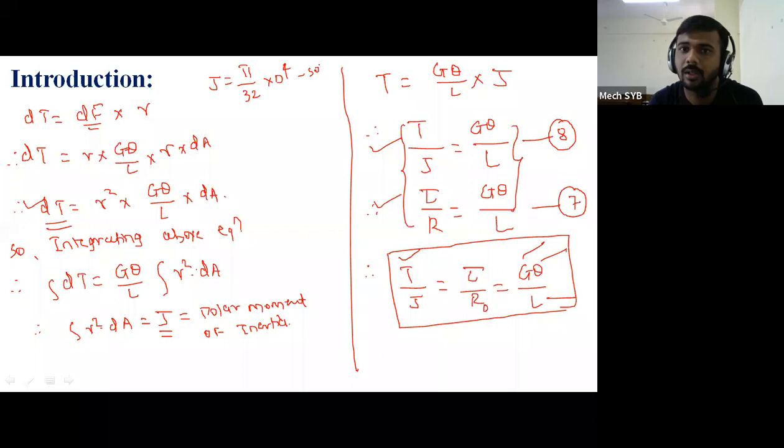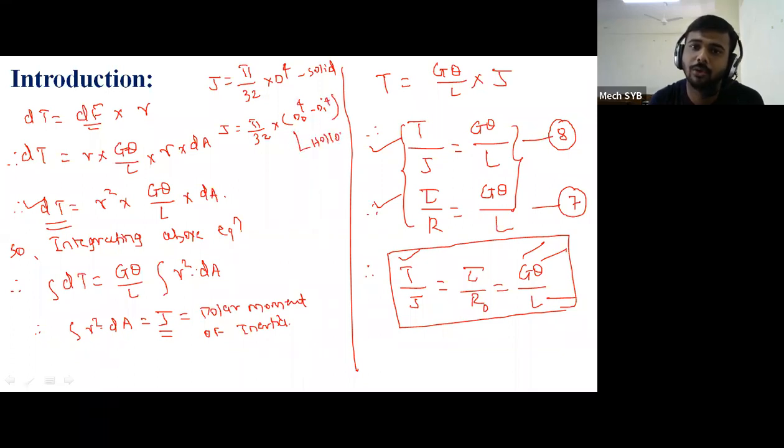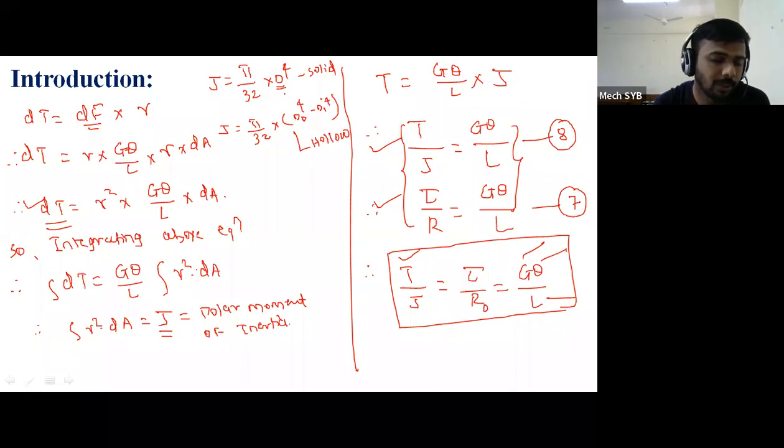This is for solid shaft, and J is equal to pi by 32 into do raised to 4 minus di raised to 4. This is for hollow shaft. मग दिलेला शाफ्ट कुठला आहे, जर सॉलिड असेल तर पाय बाय 32 इंटू कॅपिटल डी रेस टू 4 मीन्स ओनली वन डायमीटर. नंतर दिलेला शाफ्ट जर हॉलो असेल तर तो पाय बाय 32 इंटू कॅपिटल डीओ रेस टू 4 मायनस स्मॉल डी आय रेस टू 4.